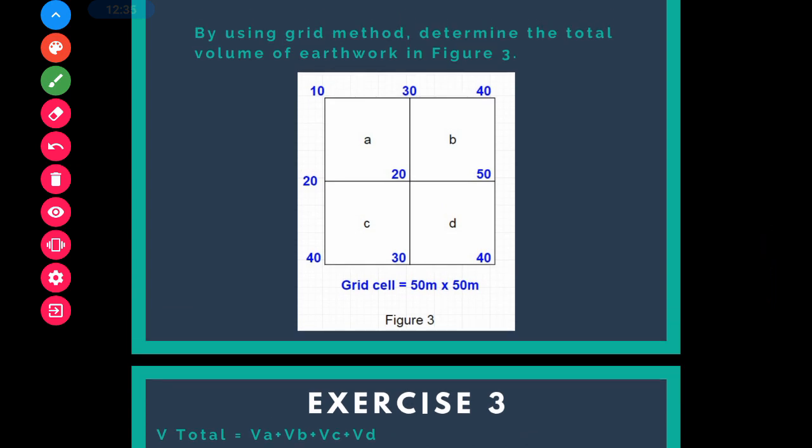Please bear in mind, the given here, the grid cell is 50 meter times 50 meter. Basically, it refers to each cell. So it refers to this one, 50 meter times 50 meter.